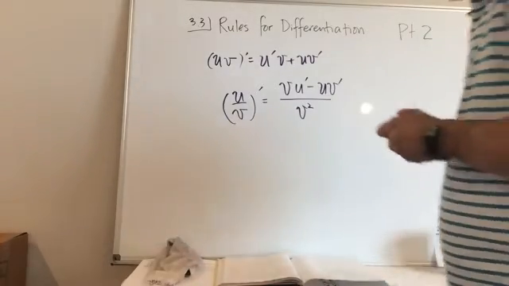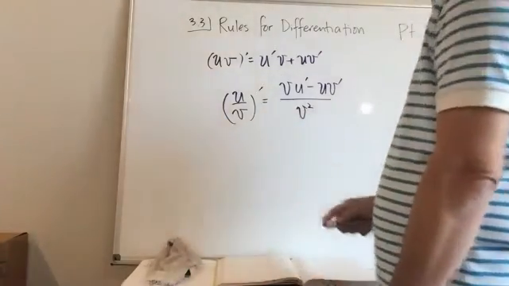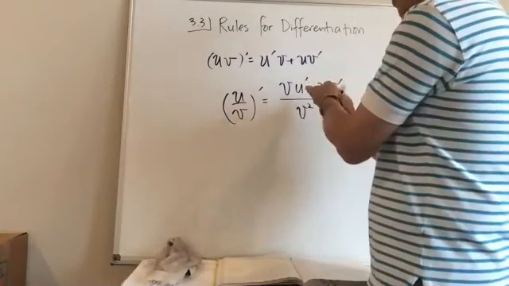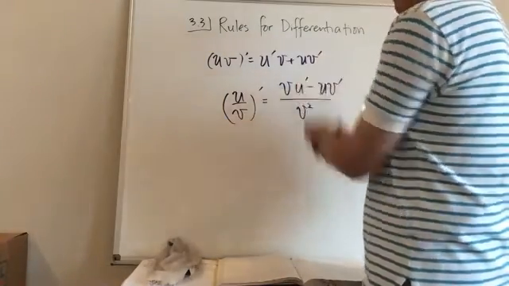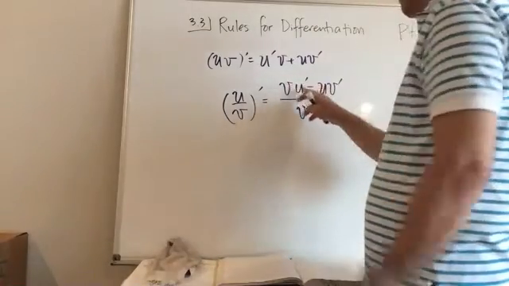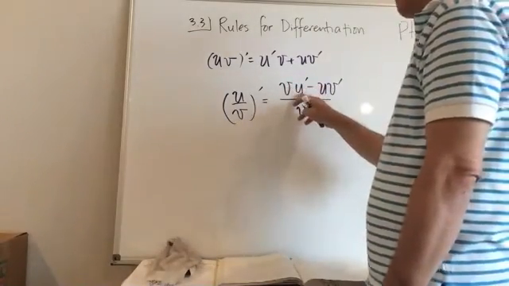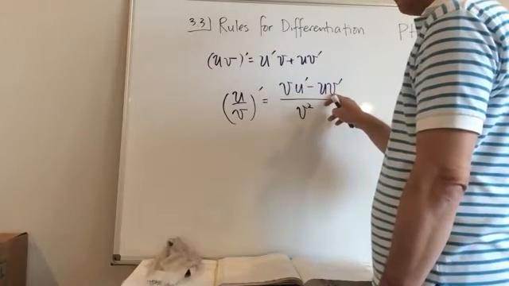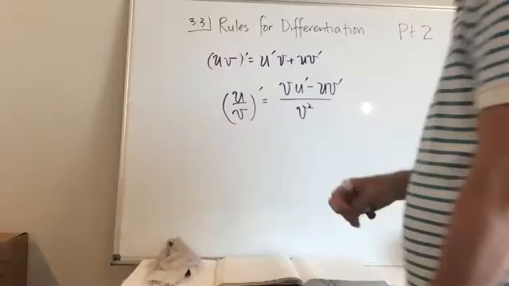You can forget the square. There's a minus here. You cannot flip these around either now, okay? It has to be in a certain order. So it's the denominator times the derivative of the numerator minus the numerator times the derivative of the denominator, okay?